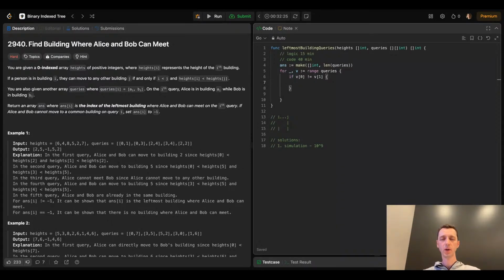So if they're equal, we will append to answer I is V is position, yeah.